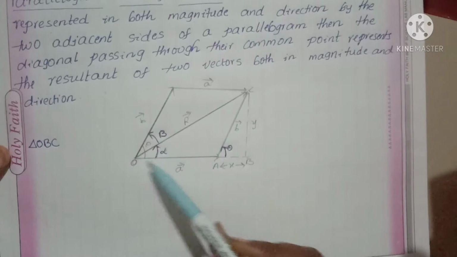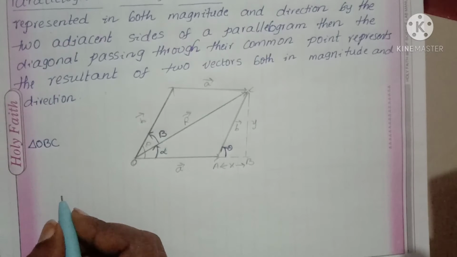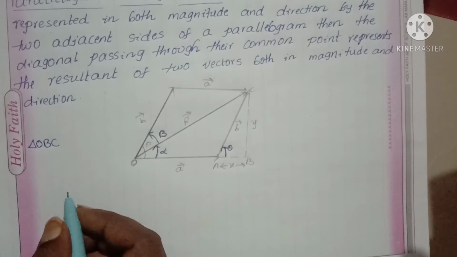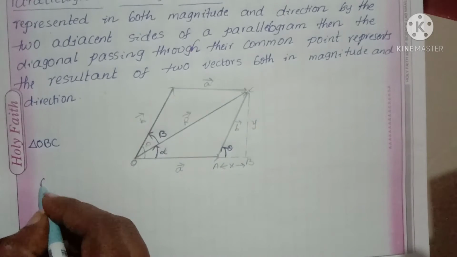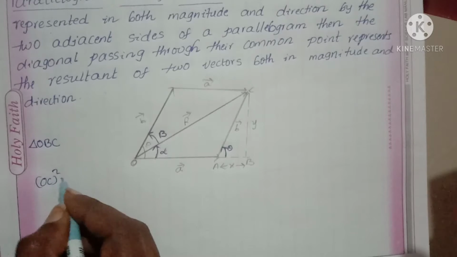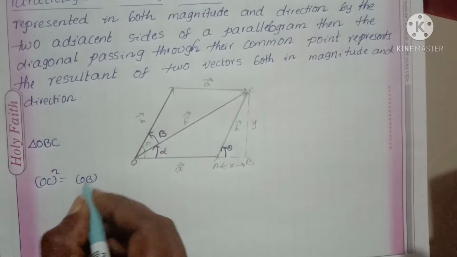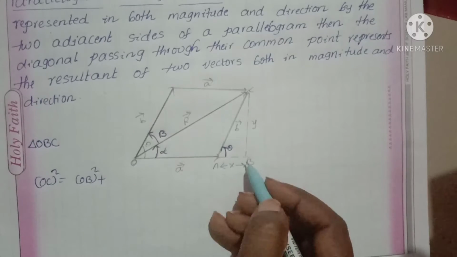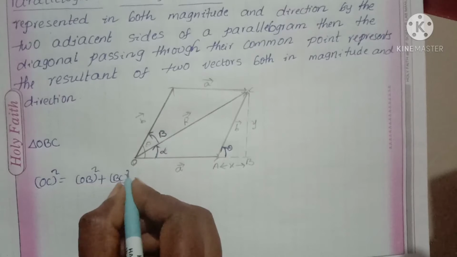Here we can write the formula, you know that hypotenuse square equals side square plus side square. So OC is the hypotenuse, so OC square equals OB square plus BC square.